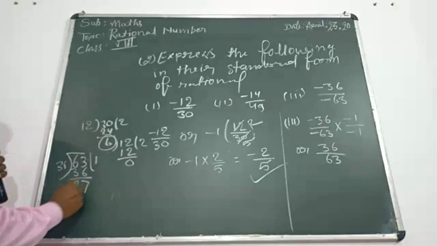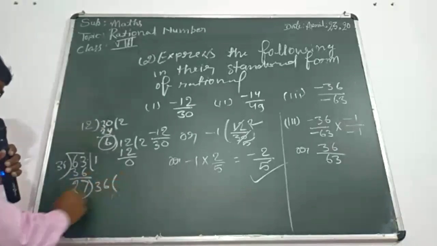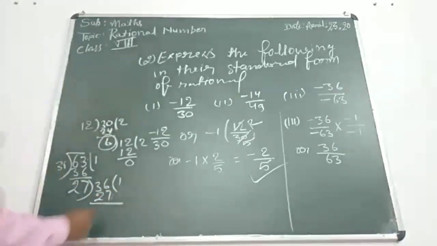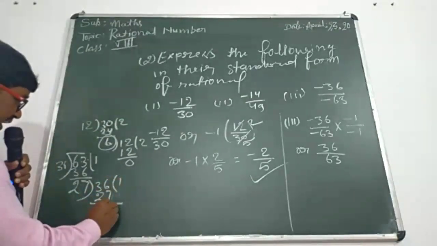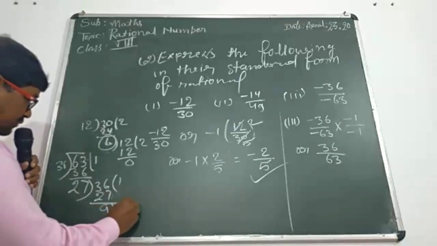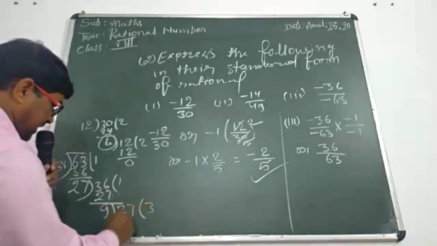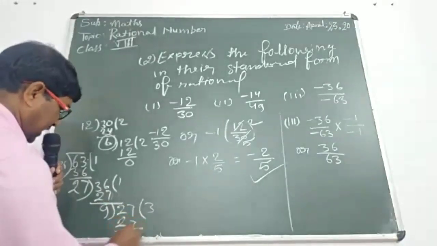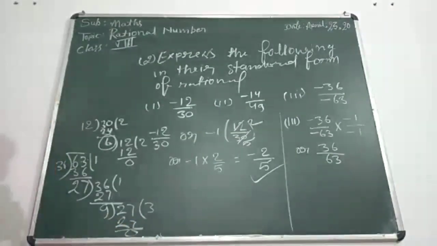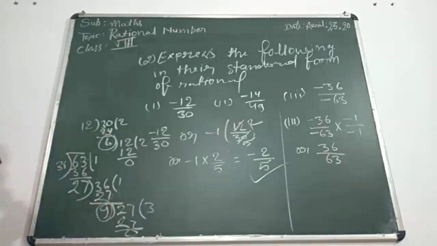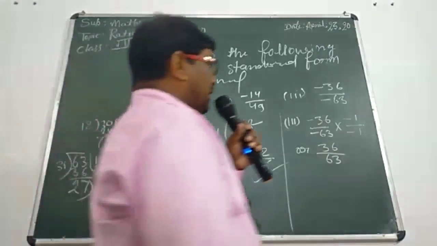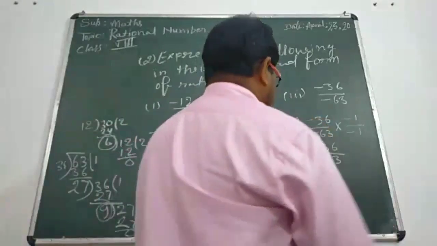Now 36 divided by 27: 27 ones are 27, 36 minus 27 equals 9. Now 27: 9 threes are 27. Now last divisor is 9. So 9 is your common divisor.